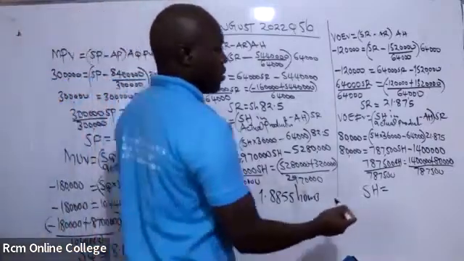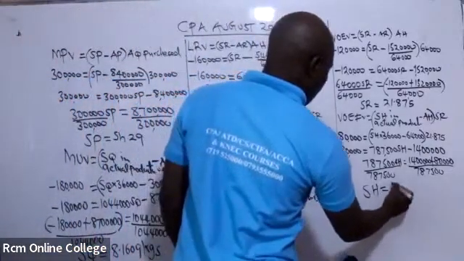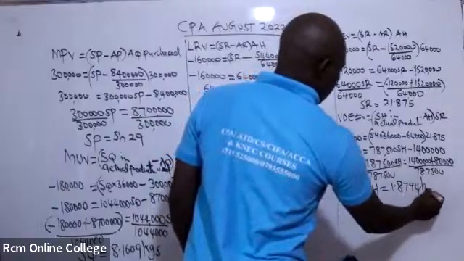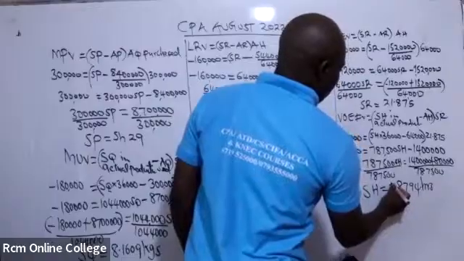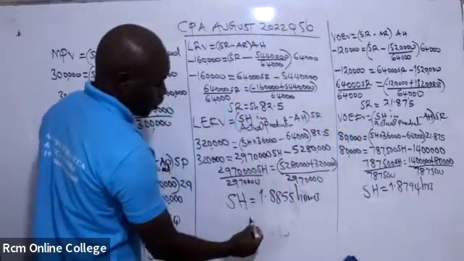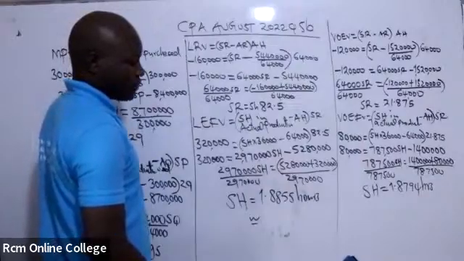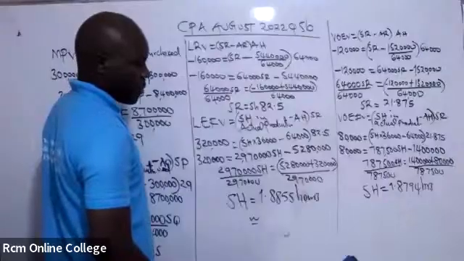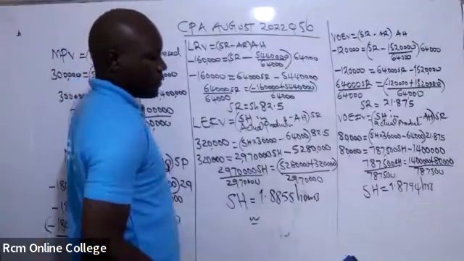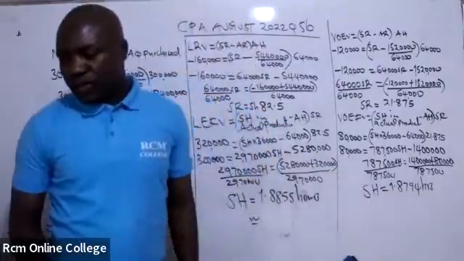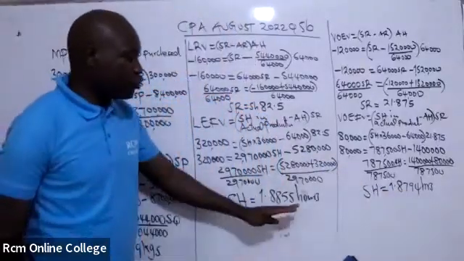1.8794 hours. Good. If I have these two decimal places, that is 1.8. So you can see there's a slight difference, but they're supposed to be the same.